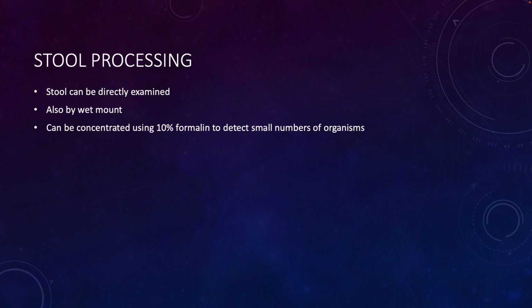So things like Giardia, you'll want to use a microscope and you can see them there. If perhaps the patient has a gastrointestinal infection, but you may suspect that there are only small numbers of organisms, you can try to concentrate the stool sample to hopefully see them in there.